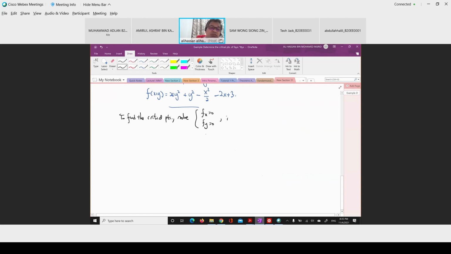What is f partial x for this example? y squared minus x, anything else? Minus 2. Okay, we want to set that to 0.